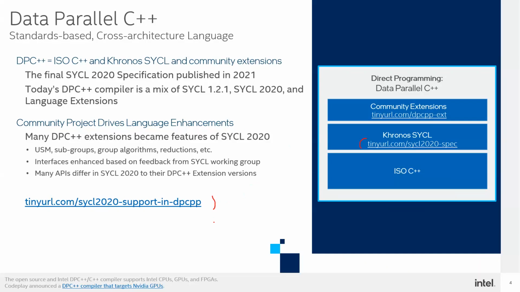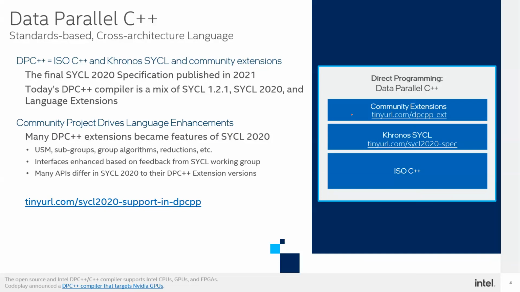But on top of standard SYCL support, we also deliver community extensions. Community extensions are a set of features which bring additional benefit to the users, but unfortunately, these are not in the specification yet.